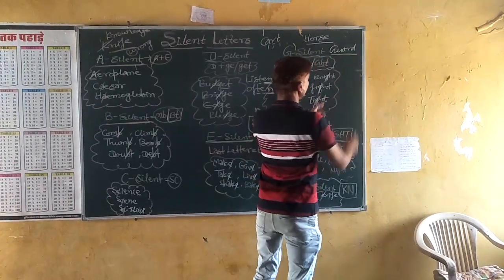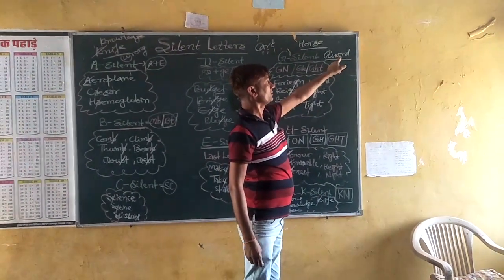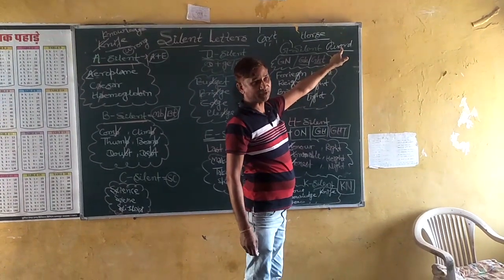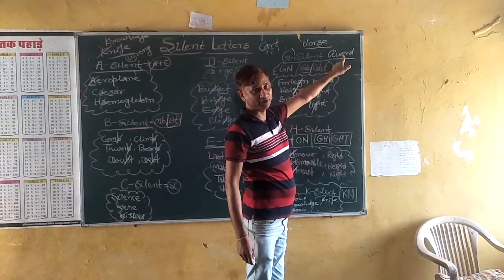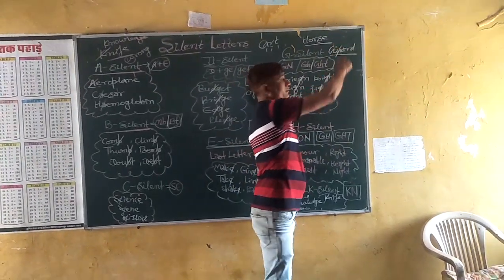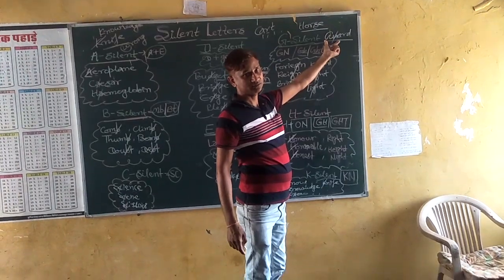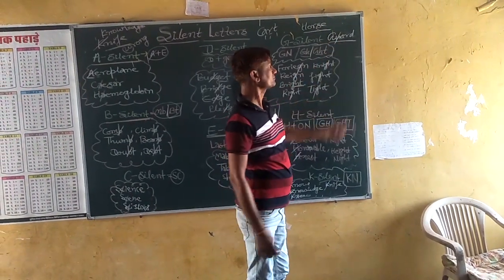Here there is letter A just after U, that is a vowel. When you find any vowel just after U, U will be silent and the pronunciation will be guard. Okay?